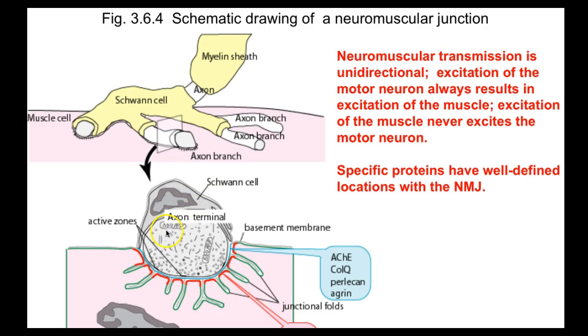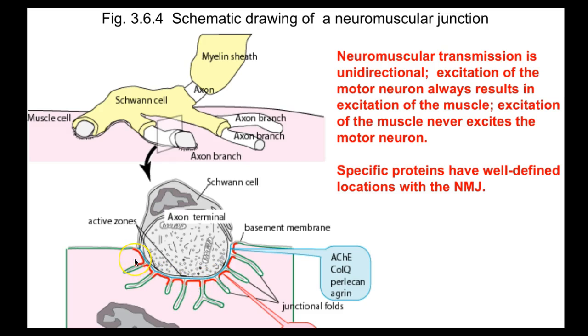Now, there are specific proteins in the neuromuscular junction. The most important one at the postsynaptic site, listening to the command from the nerve, are receptor proteins. At the neuromuscular junction, we have the acetylcholine receptor.